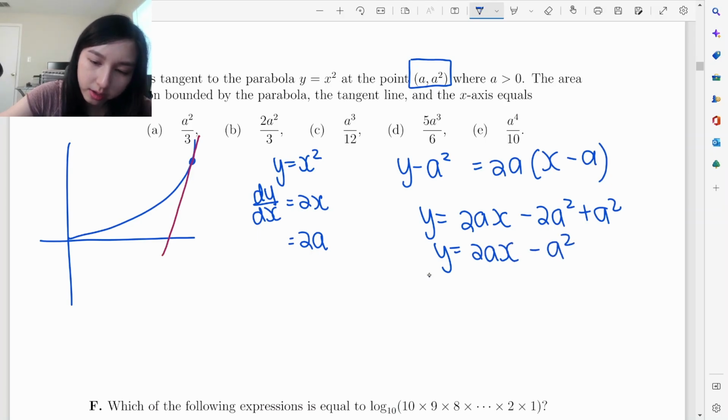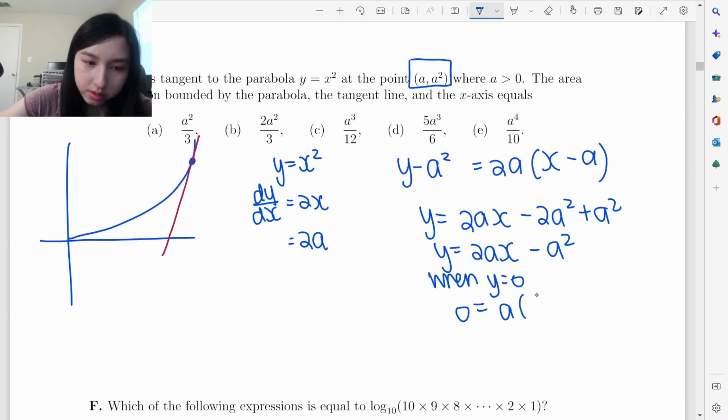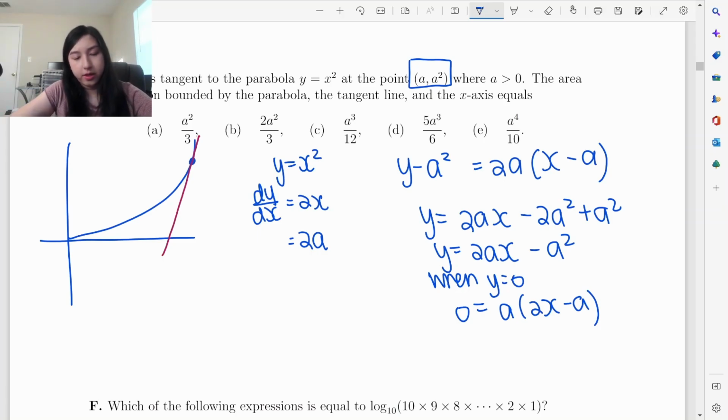So when y equals 0, 0 equals 2x minus a times a. So this line will intersect where a equals 0, and we're not looking for a, my gosh, the variable is x, not a.